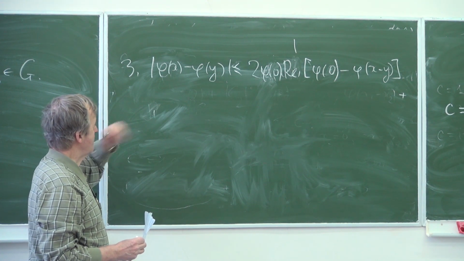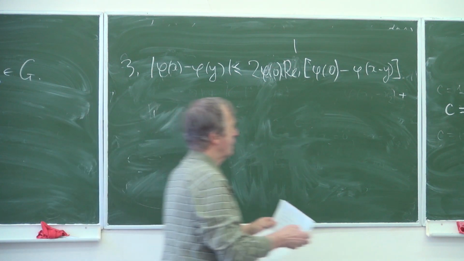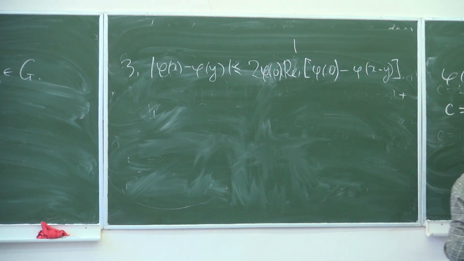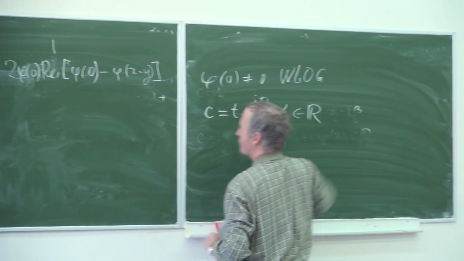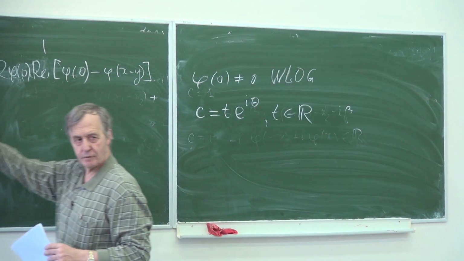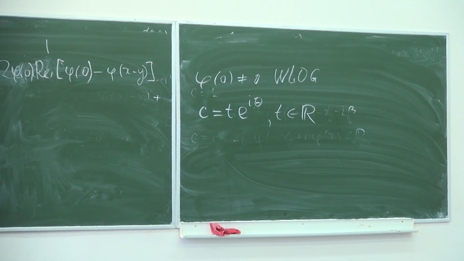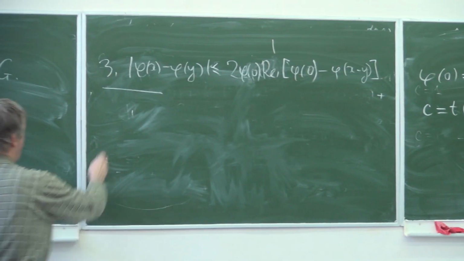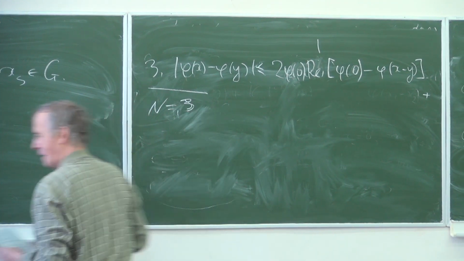Okay, in any case, we may assume here that phi of 0 is not equal to 0 without loss of generality, because otherwise the function is 0 and there is nothing to prove. So we assume that, and to prove this inequality, we write this inequality but with n equal to 3.